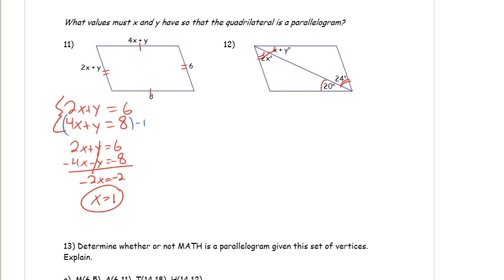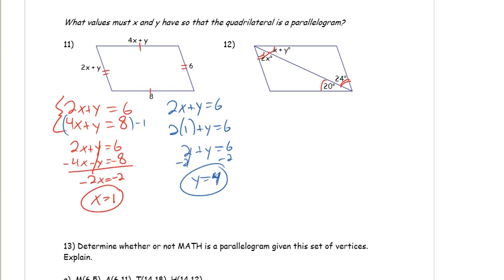It doesn't matter which one. I'll plug it into 2x plus y equals 6. So 2 times 1 plus y equals 6. 2 plus y equals 6, showing step by step just the way it should be done. Y is equal to 4.